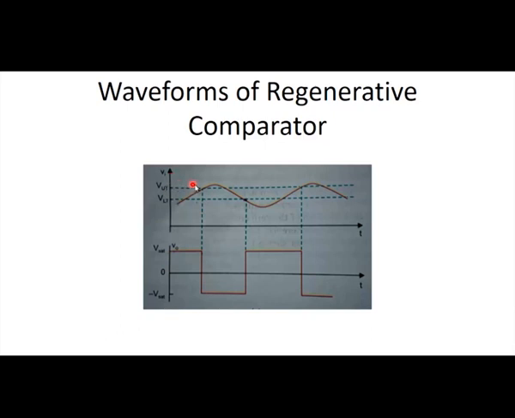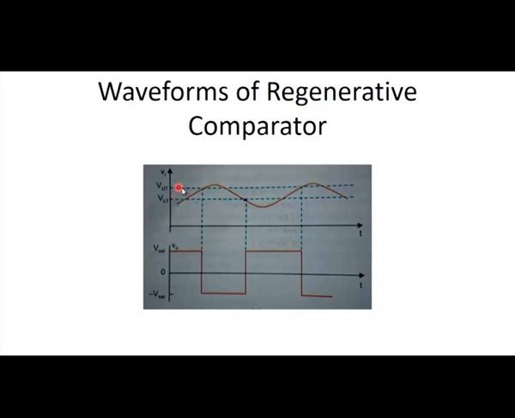Until VUT, the output is positive V saturation, since the signal is lesser than VUT, and VUT is given to the positive terminal and is higher. So, the output gets positive V saturation.